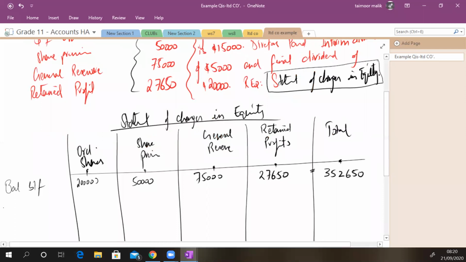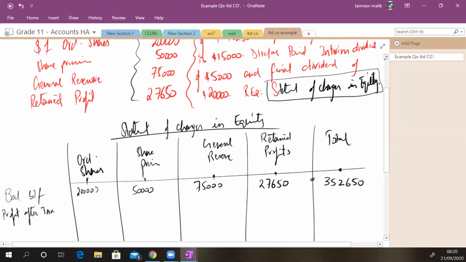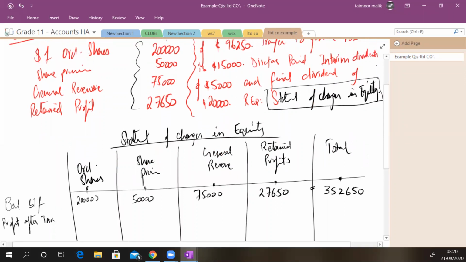Profit after tax for the year. Now this year's profit is 96,250. Where would I add this year's profit? Where would this profit go? In the ordinary shares? No. Ordinary shares will change with the issue of shares.